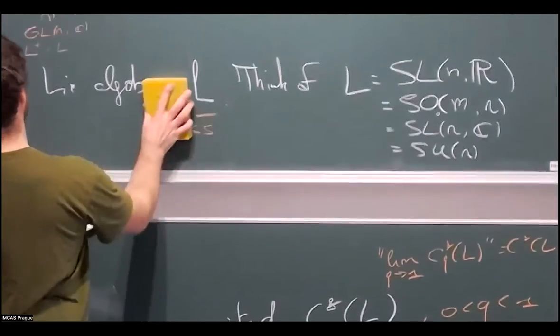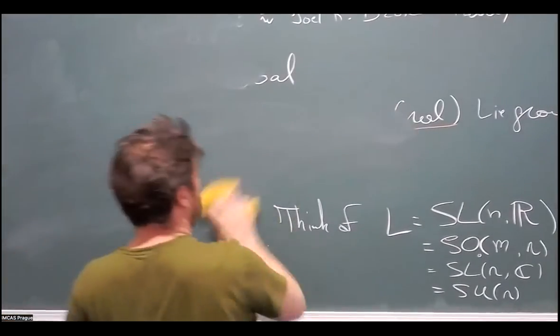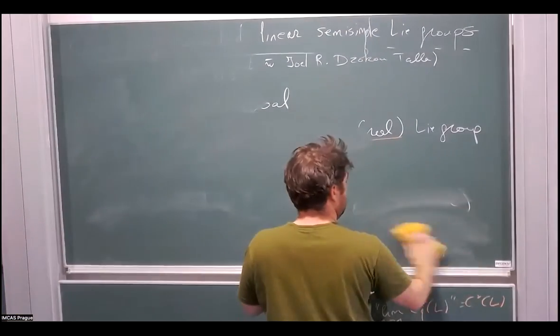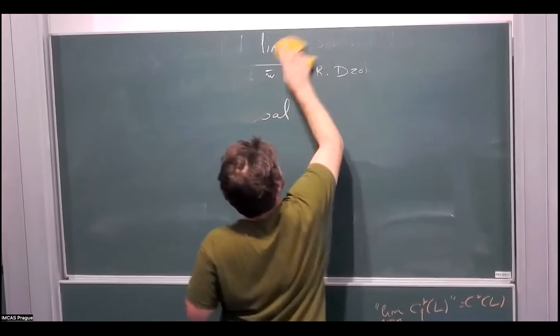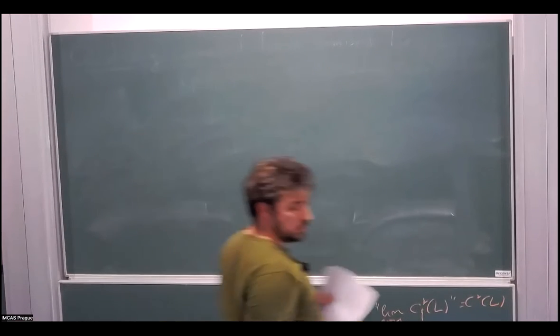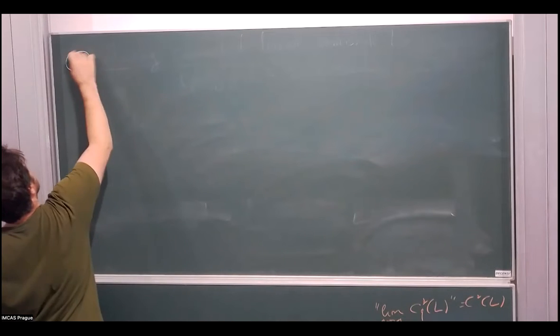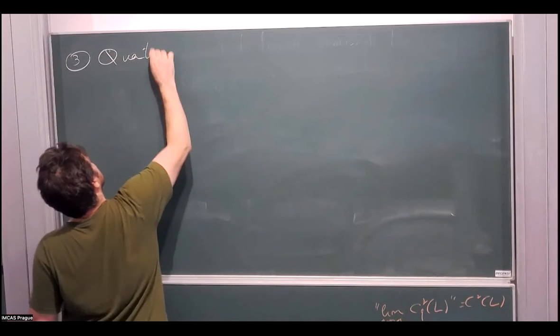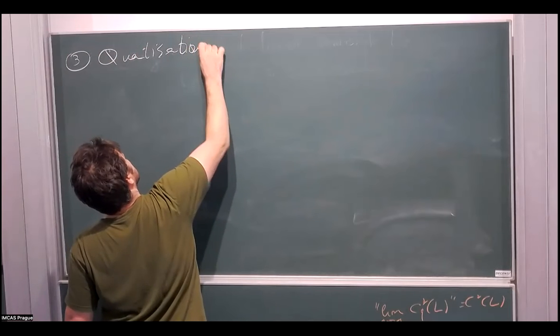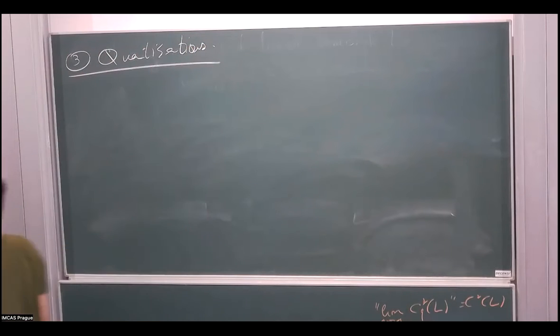Okay, so let's start with quantizing stuff. I'll start with quantizing my universal enveloping algebra of G itself.